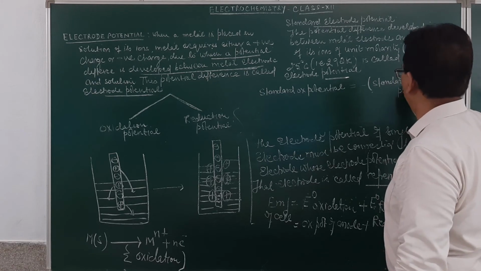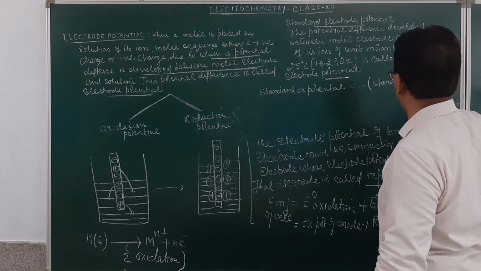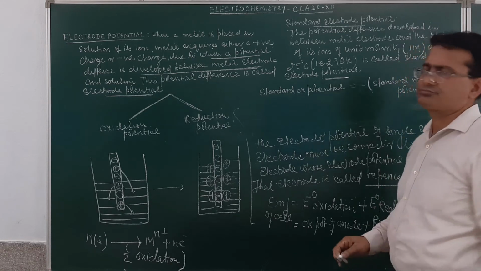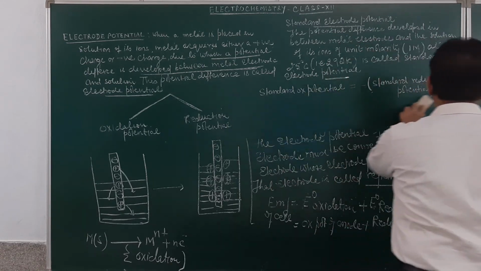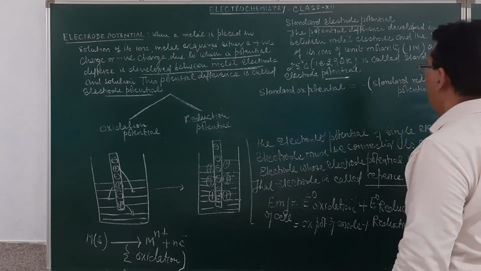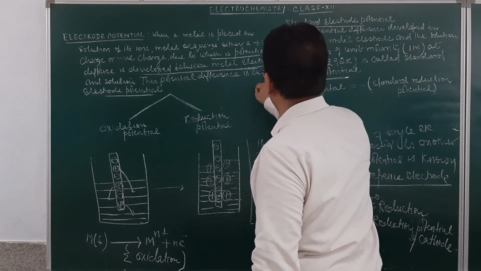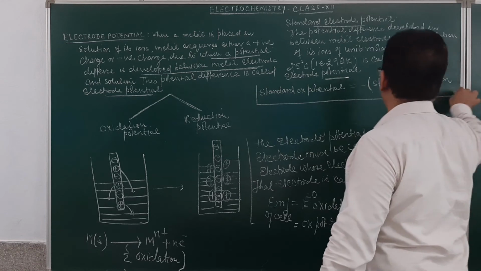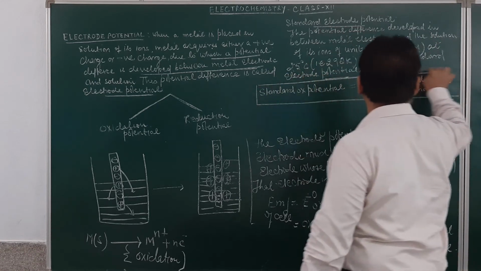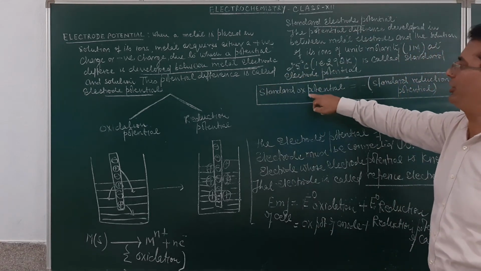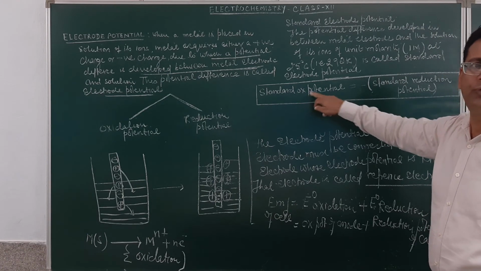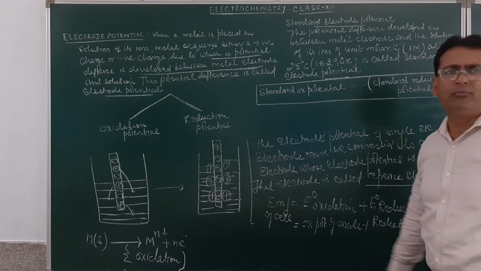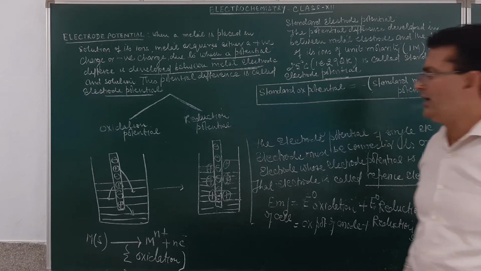So if standard oxidation potential is to be changed into reduction potential, the signs are to be reversed. If in the question the given standard oxidation potential is plus 0.54 volt, what will be the standard reduction potential? Minus 0.54 volt.